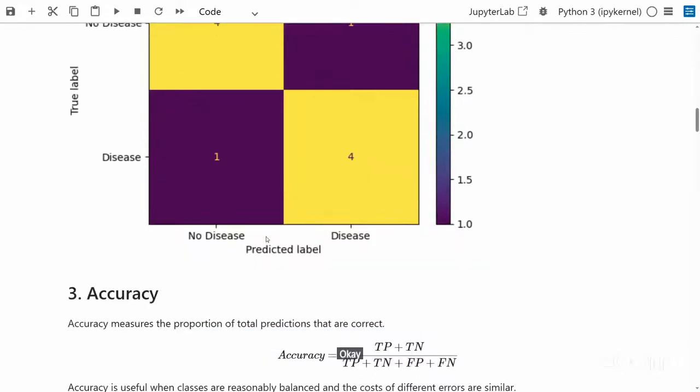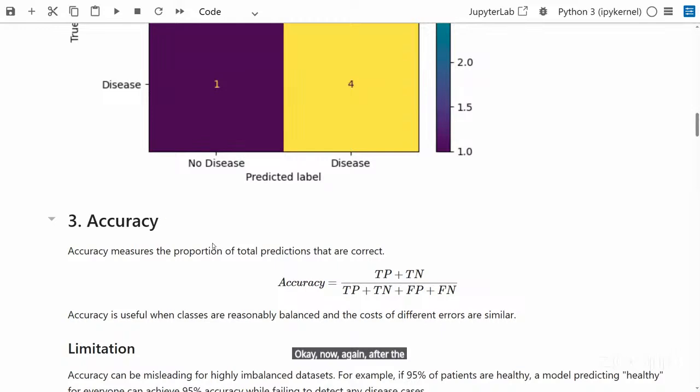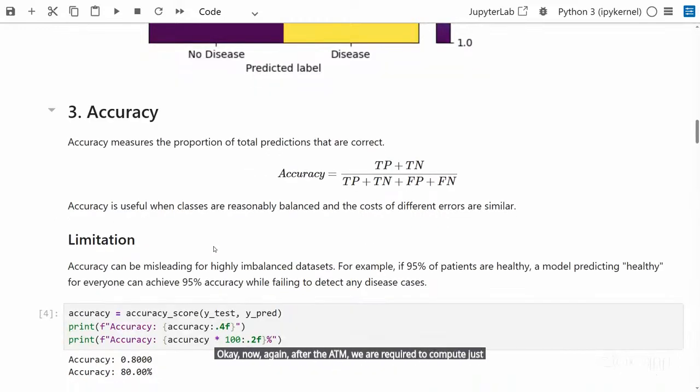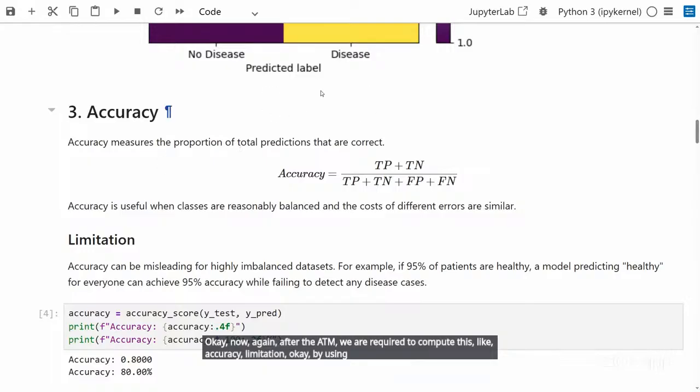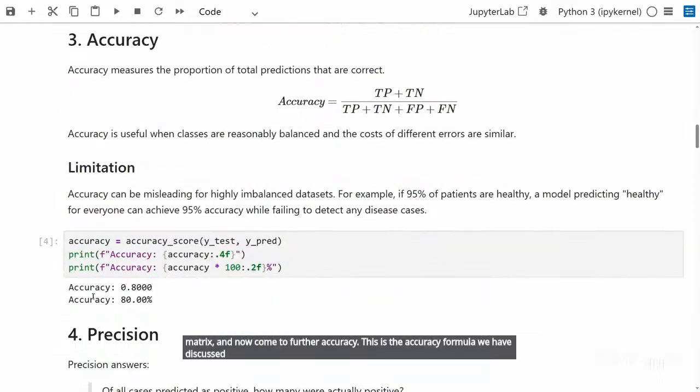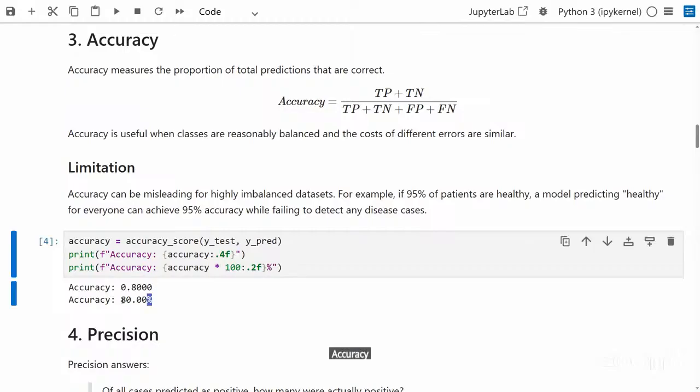Now again, after that, we are required to compute things like accuracy by using these values. So this is the confusion matrix, and now we come to accuracy. This is the accuracy formula we have discussed, and now we are presenting it here. Accuracy is 80%.